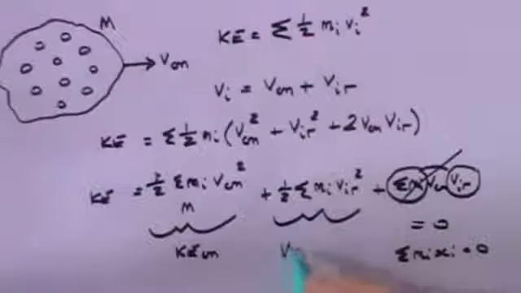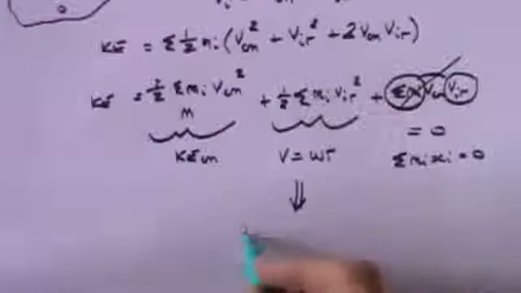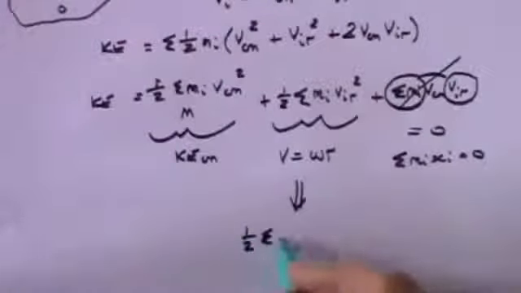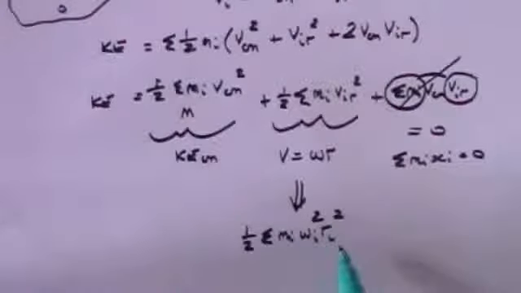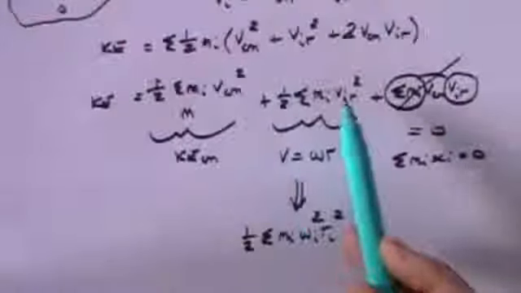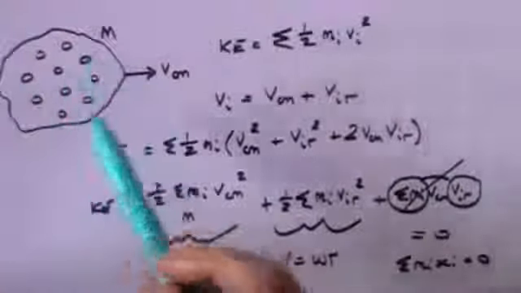But v is equal to omega r. So now I can pull this term down, and I can say that that equals a half sigma mi omega ri, and these two terms are both squared, the omega squared and the r squared, because we're squaring v equals omega r. But remember that the rotational angular velocity is constant.